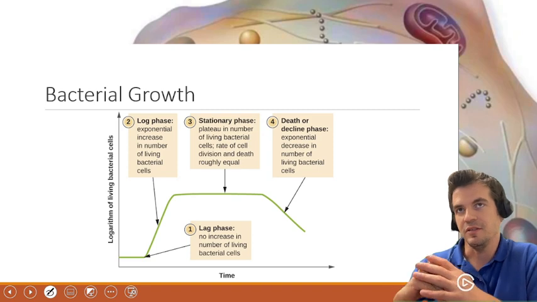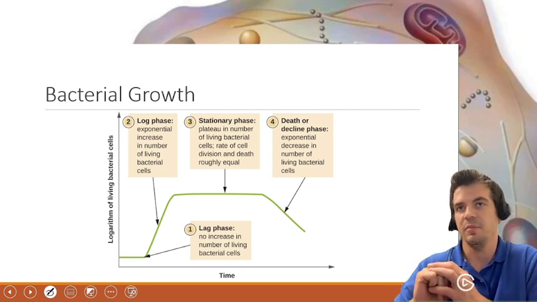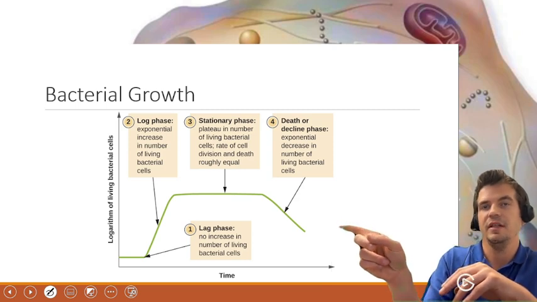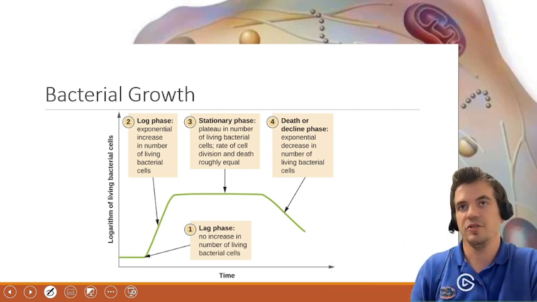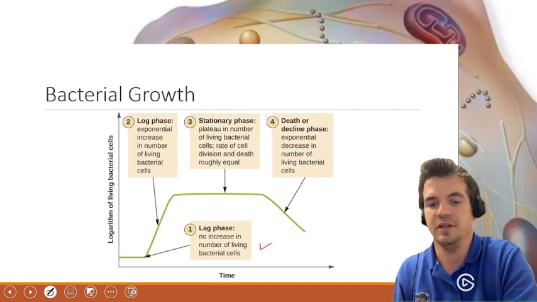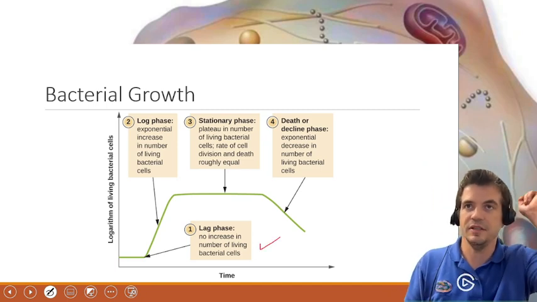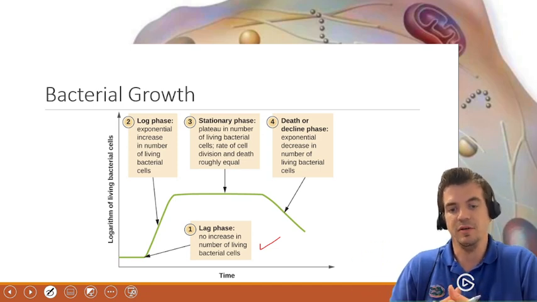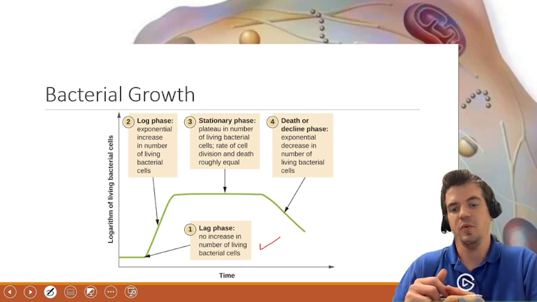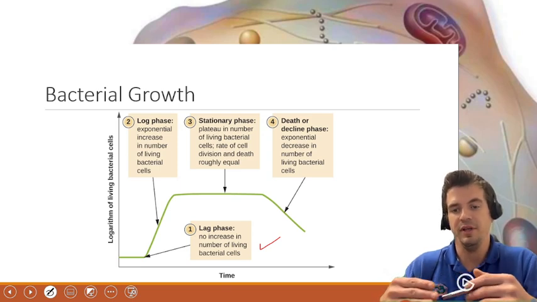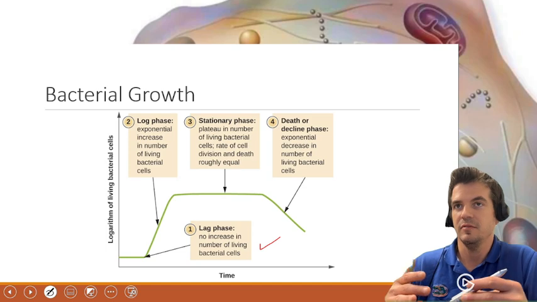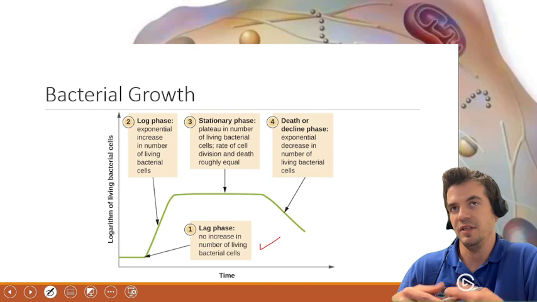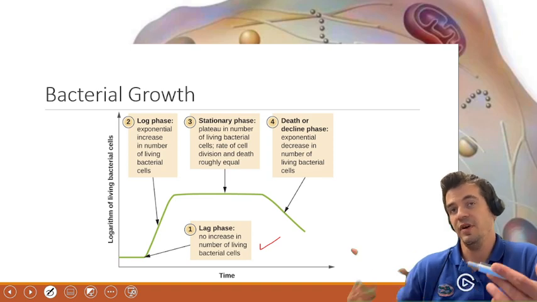But it doesn't just work like that in nature. What happens is you go through a lag phase. That lag phase is no increase in living cells, and this is starting to gather nutrients, starting to colonize. This is when nothing is really happening except chemical sensing and chemical gathering as these cells grow before they divide.